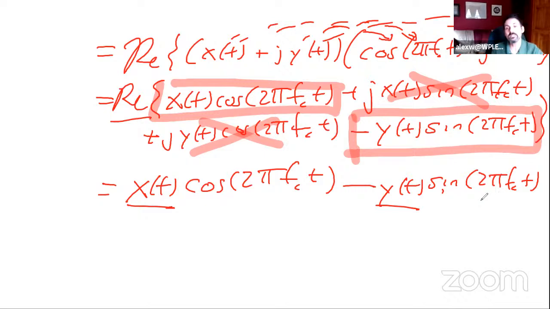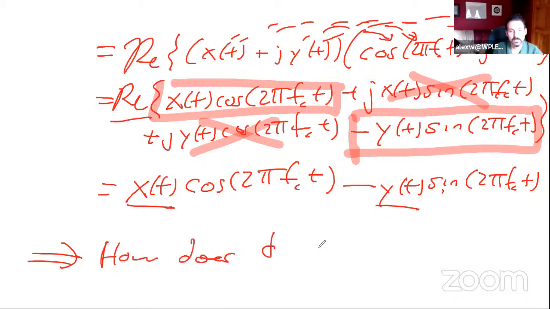So how does a transmitter structure look like? Well, how does the TX look like? It will look like this. So first of all, you have your m of t.